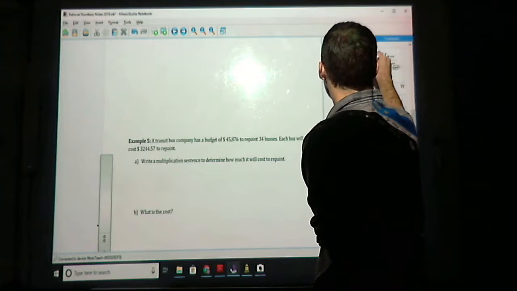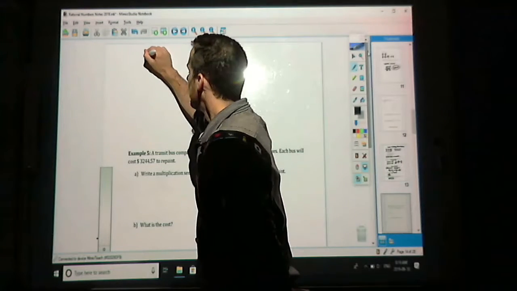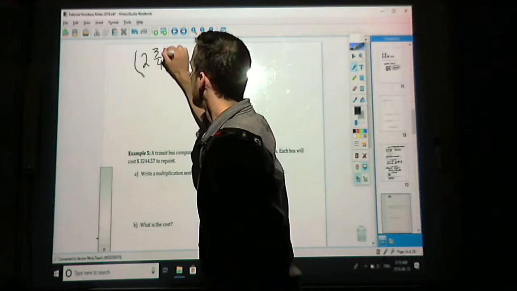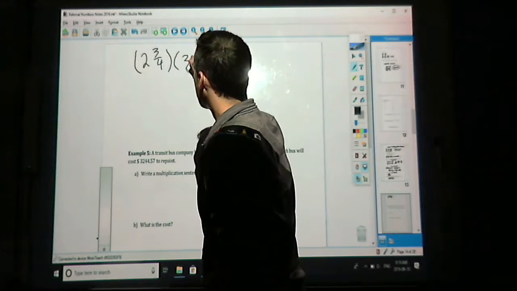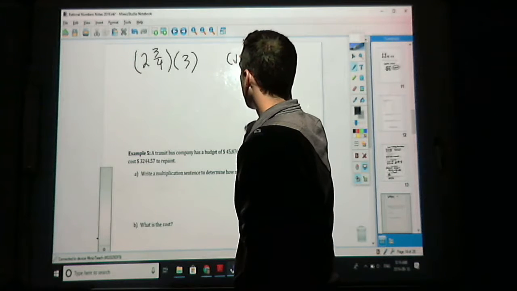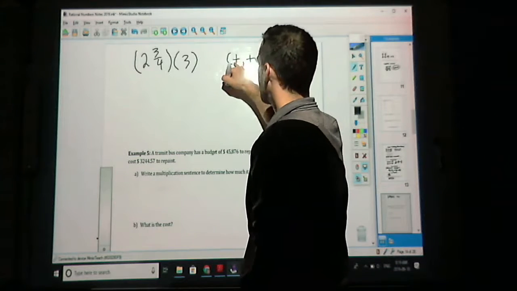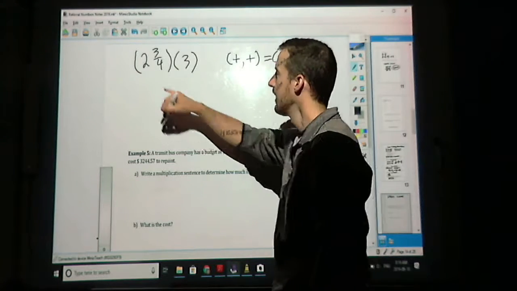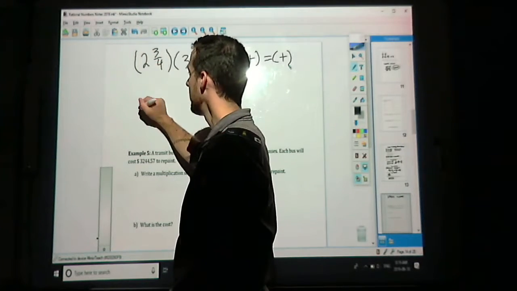All right. So, 2 3/4 times 3. So here, first thing we want to do is go positive times positive. The signs are the same. There's no negatives, so our answer will be positive. Then we go from a mixed fraction to an improper fraction.